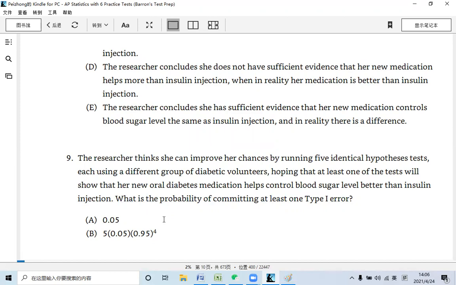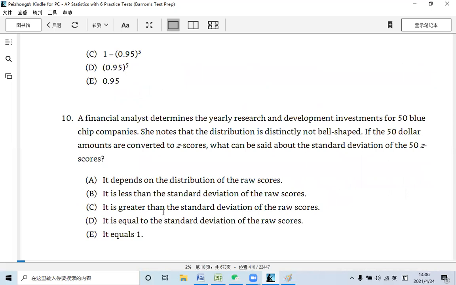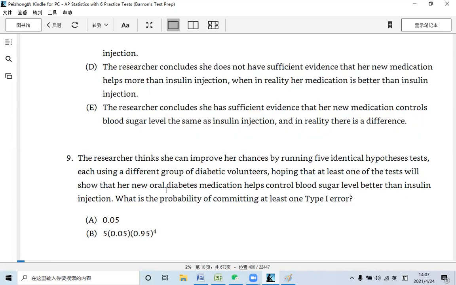If she's doing it 5 times, then it's to the power of 5. So let's see, at least one type 1 error. She's doing different tests, hoping at least one of the tests works.